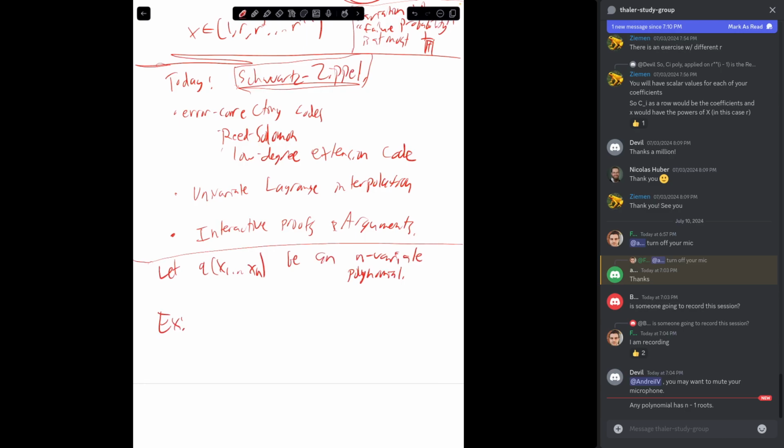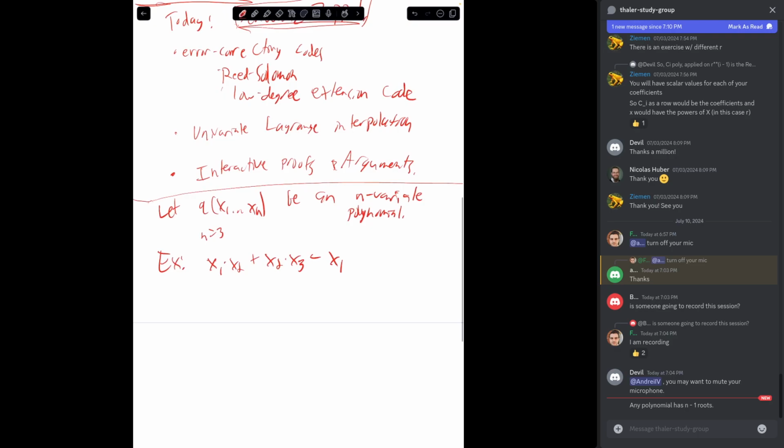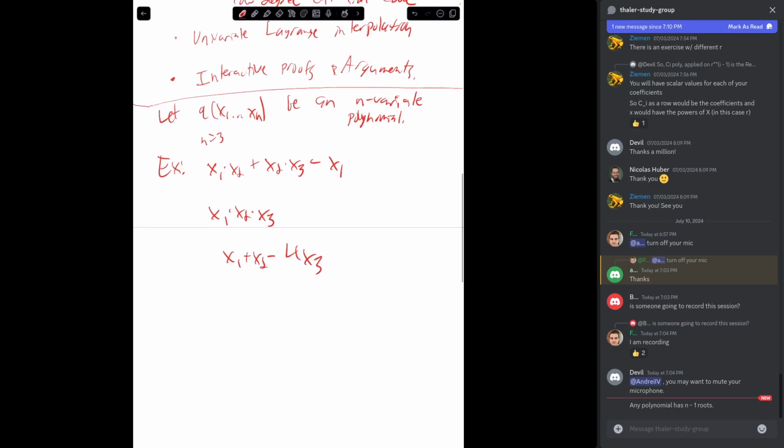So maybe n is 3 and q is x1 times x2 plus x2 times x3 minus x1 or something. Another example would be x1 times x2 times x3, or maybe x1 plus x2 minus 4x3, whatever.